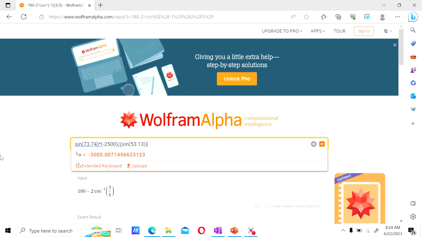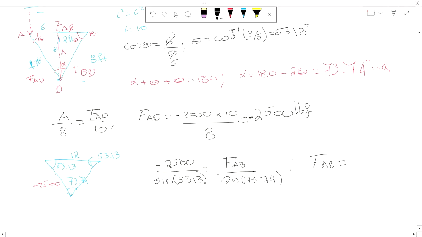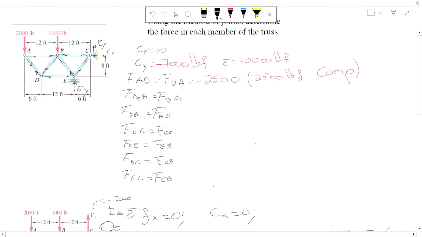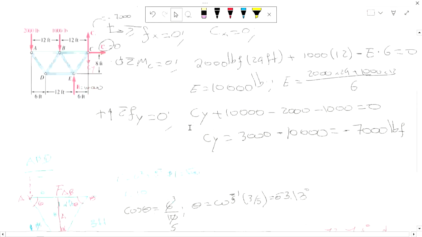This is negative 3,000. All right, so we found another one, which is B to A or A to B, negative 3,000. Okay, let's see what else we can find.